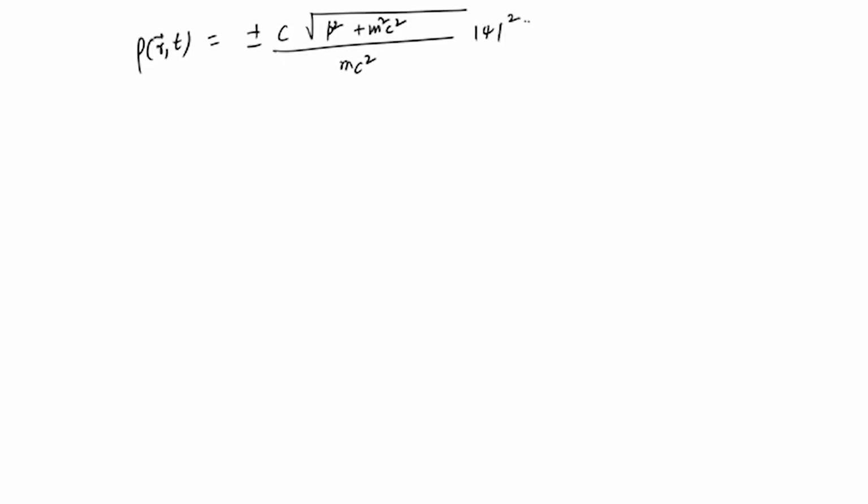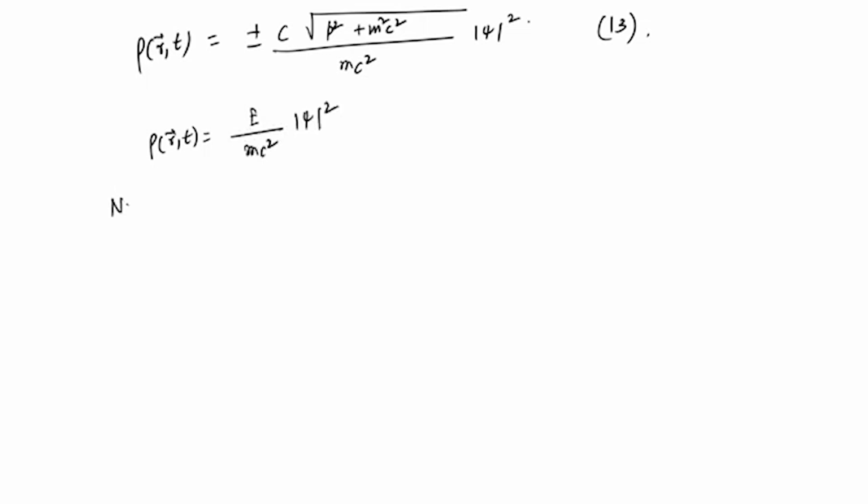So, this is equation 13, and these positive and negative values can be interpreted in the way that we have talked about. So, let us go back to equation 12, which says that rho r t is equal to E divided by m c square times mod psi square.